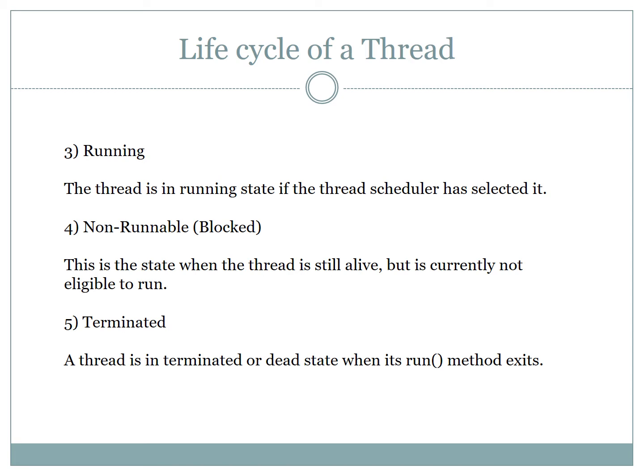Running state: the thread is in the running state if the thread scheduler has selected it. Non-running state, or we can say the blocked state: this is a state when the thread is still alive but currently not eligible to run. Terminated state: a thread is in the terminated or dead state when the run method has finished executing.